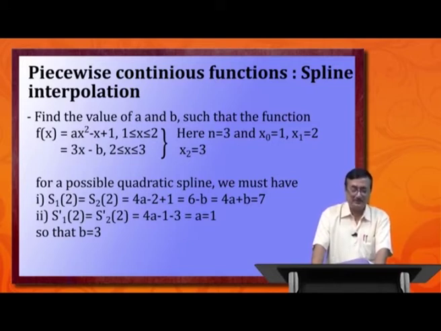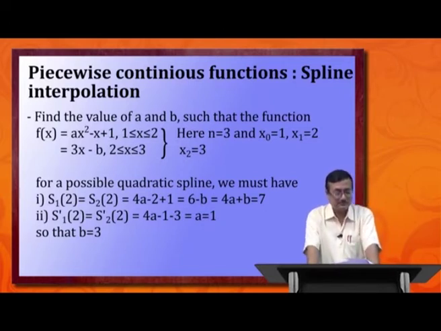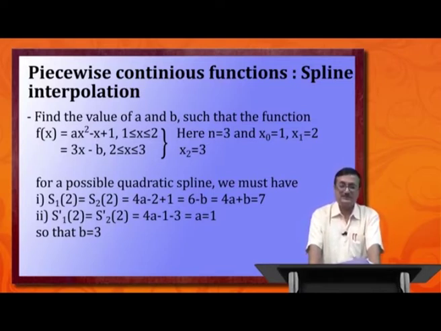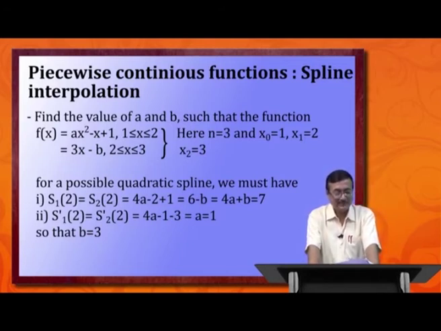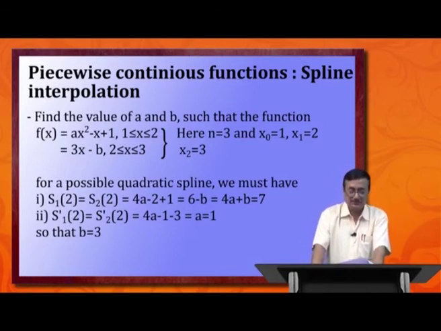For a possible quadratic spline, please note that in the region 1 to 2, the function ax square minus x plus 1 is a quadratic function, and that is why it is a possible quadratic spline. For a quadratic spline, we must have S1 at x equal to 2 equal to S2 at x equal to 2, which gives an equation 4a plus b is equal to 7.